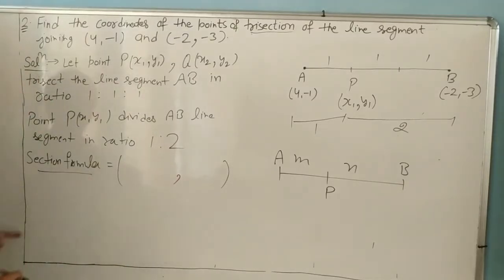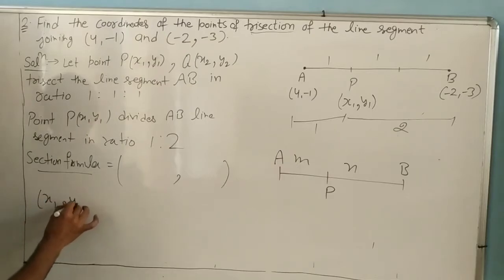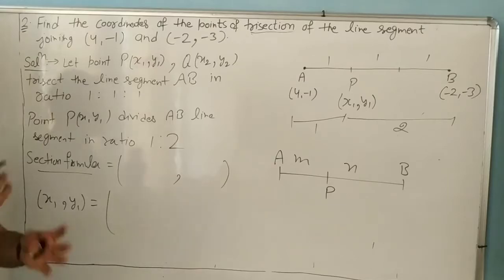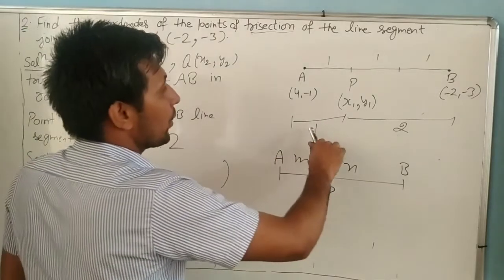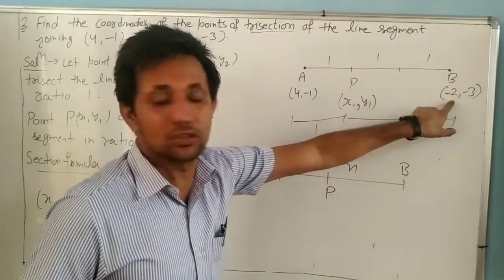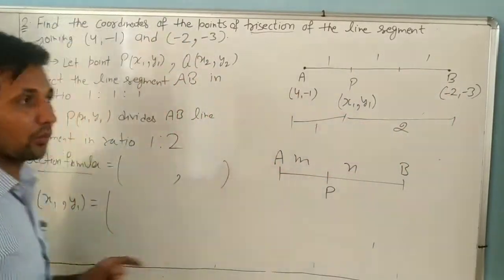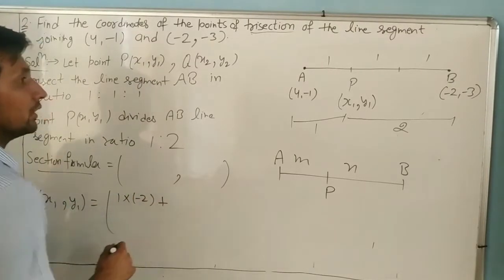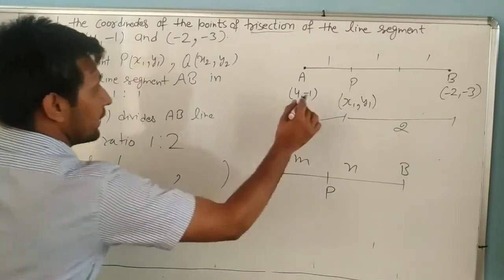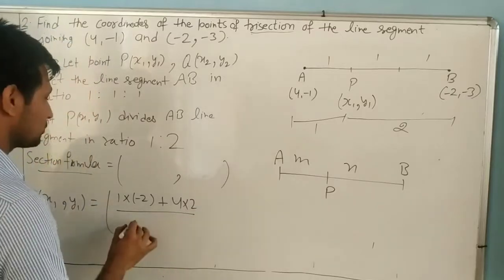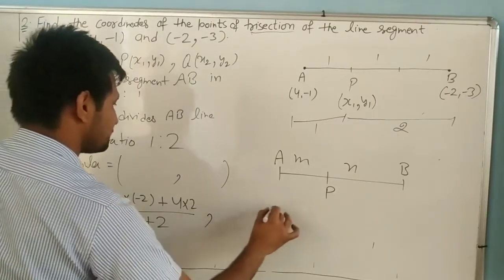Next we want to find the coordinates of P, (x1, y1) equal to... how to find it? Always cross multiply. It is 1 into minus 2 plus 2 into 4, divided by 1 plus 2, comma.